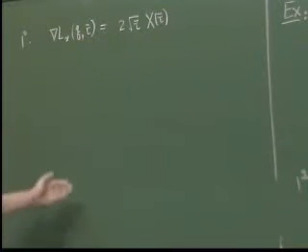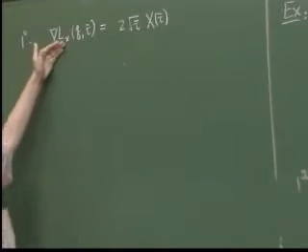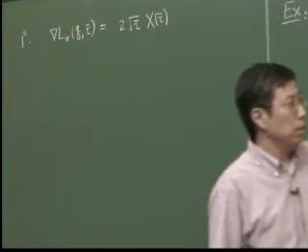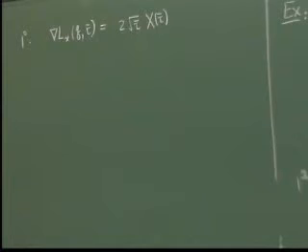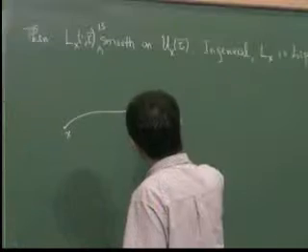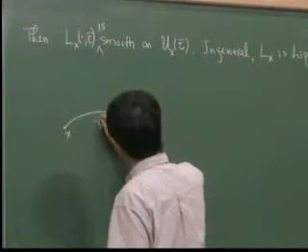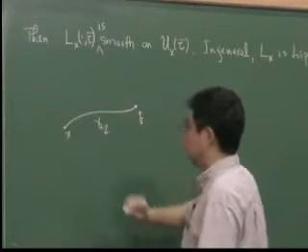Because in order to compute the A length, maybe I just show you the proof here. Suppose I have an x and I have a q here, and suppose this is one A-geodesic.